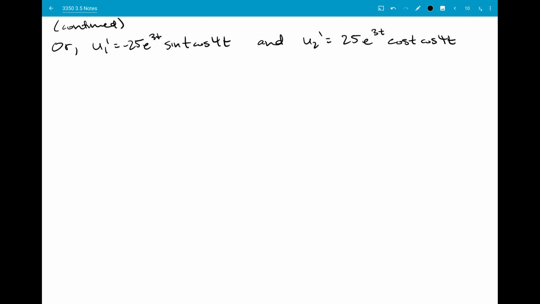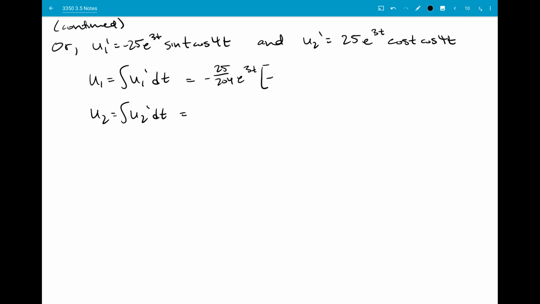So then we would go ahead and say u1 is the integral of u1 prime with respect to t, and u2 is the integral of u2 prime with respect to t. And I'm just going to tell you what that is because it's a messy trig integral, and this example is already very long. So u1 is minus 25 over 204 e to the 3t times minus 17 sine 3t plus 9 sine 5t plus 17 cosine 3t minus 15 cosine 5t.